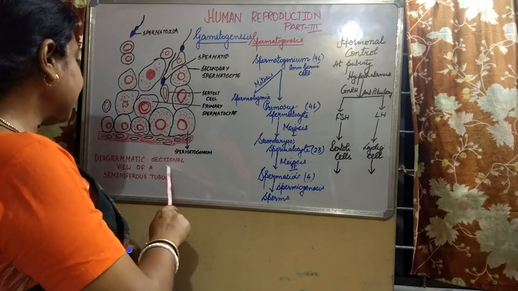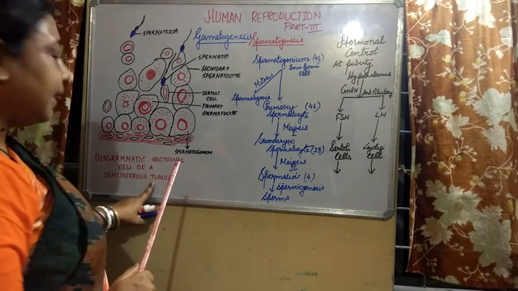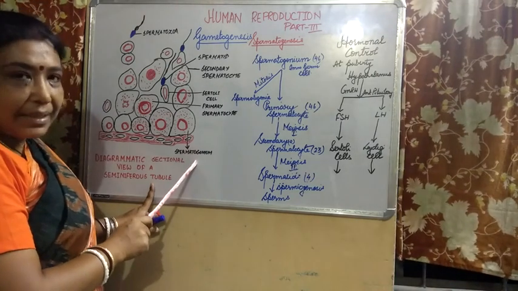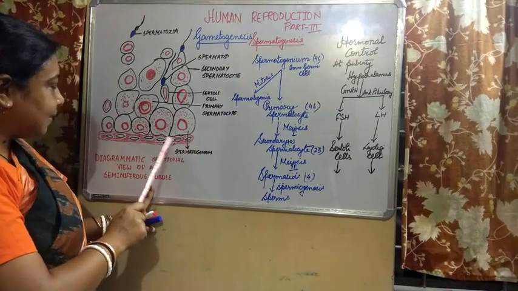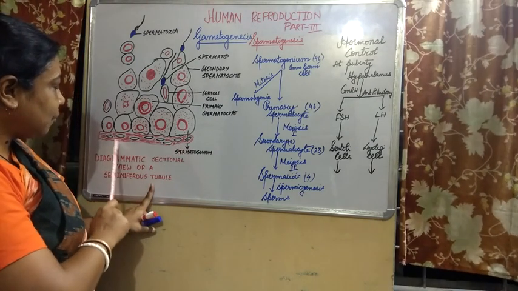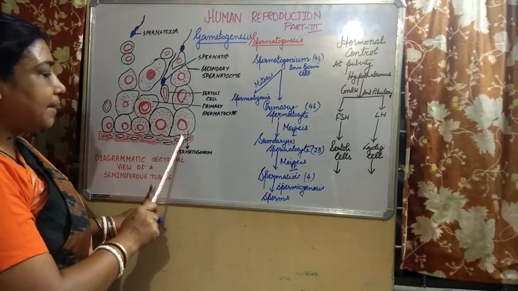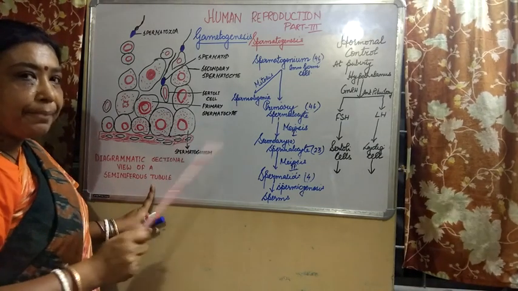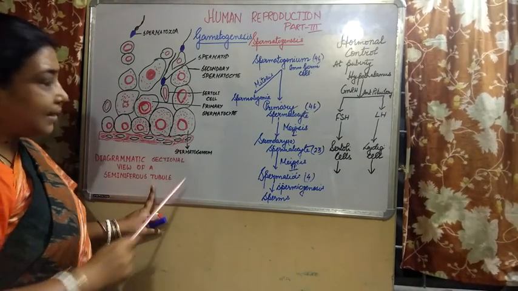This is a diagrammatic sectional view of a seminiferous tubule. I told you now, the inner walls of this seminiferous tubule are lined with what? Male germ cells and Sertoli cells.